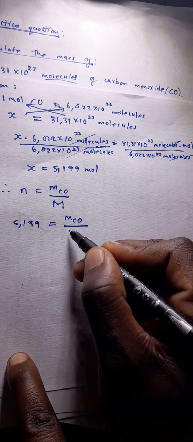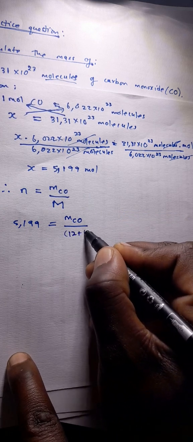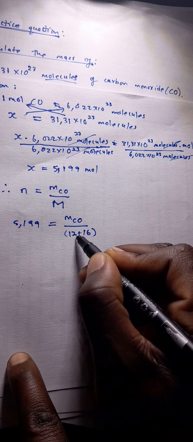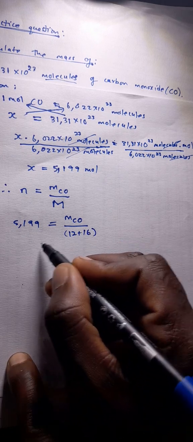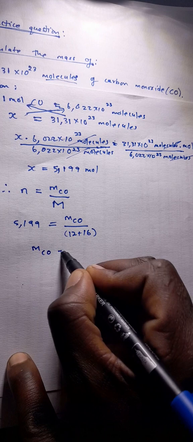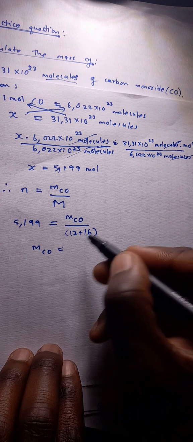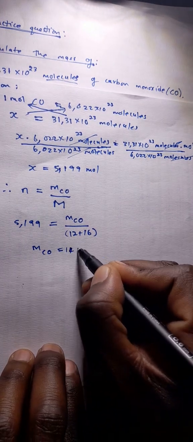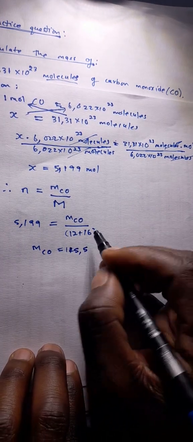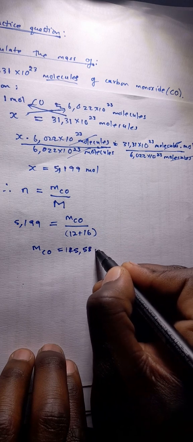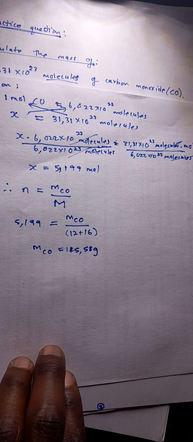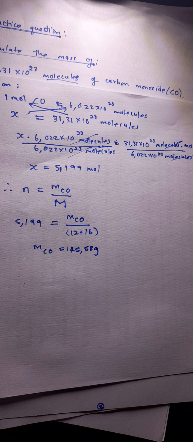Carbon is 12 plus 16, that's 28. So the mass of carbon monoxide is 28 multiplied by 5.199. The answer is 145.58 grams. I hope you got this right.